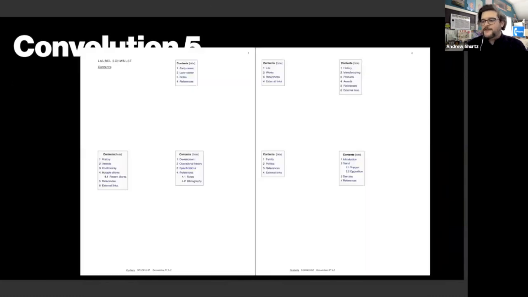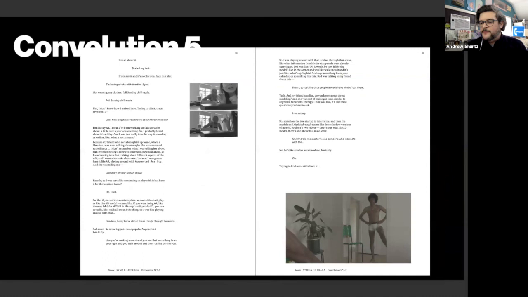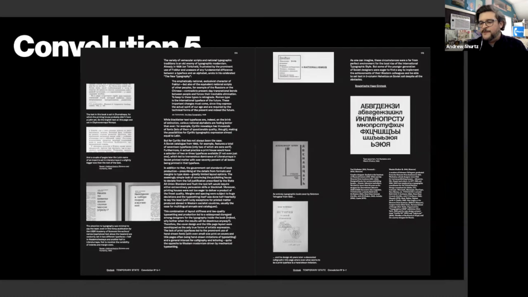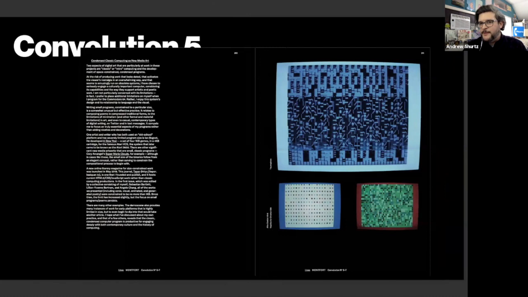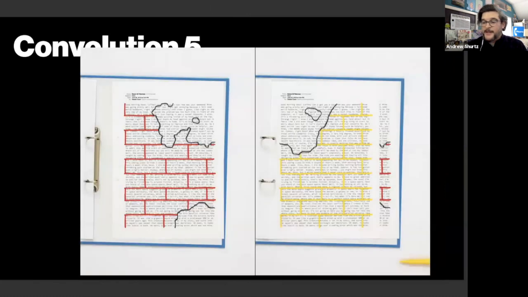The fifth issue has some great stuff also. A collection of wiki contents by Laurel Schwulst, an interview with Martine Syms, an essay on a typeface by Roman Gornitsky, an interview with Morgan Parker, some Commodore 64 art by Nick Montfort, and found poems by Natalie Czech. Most of it's typeset in Mike's new font. He made his own version of Jansen, which I think is really great.